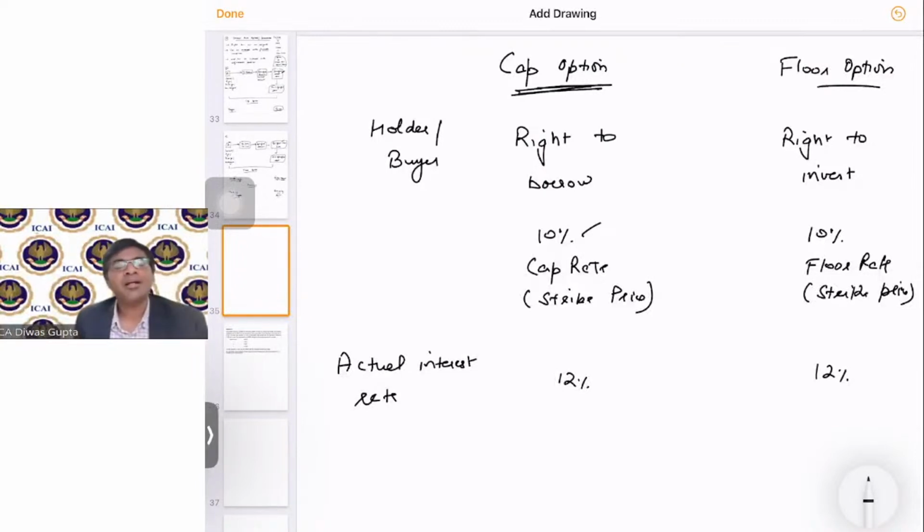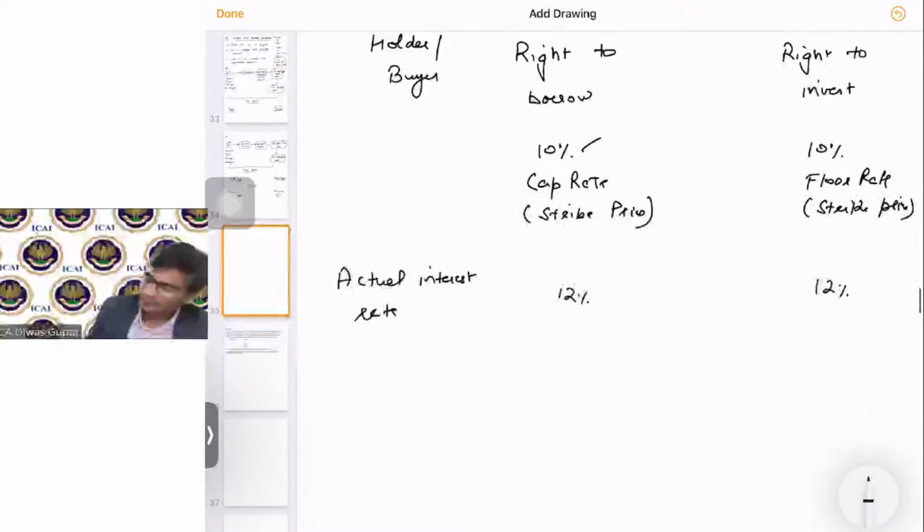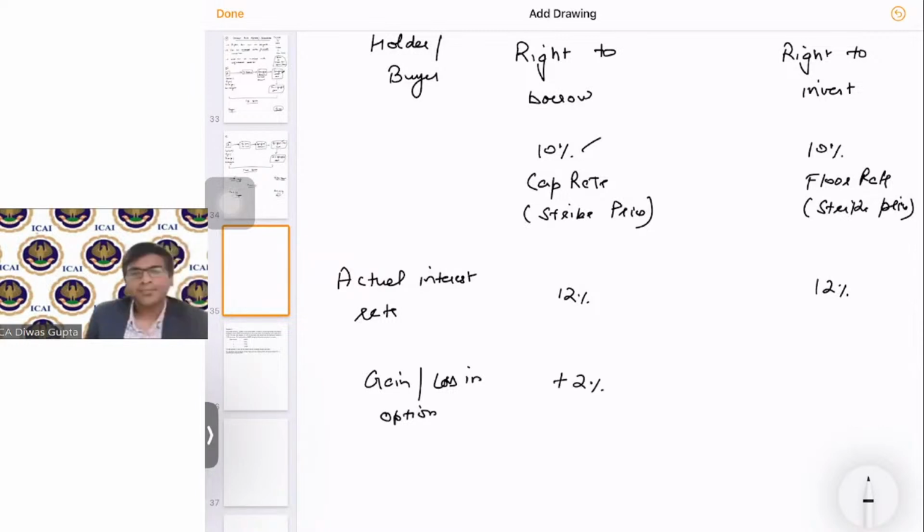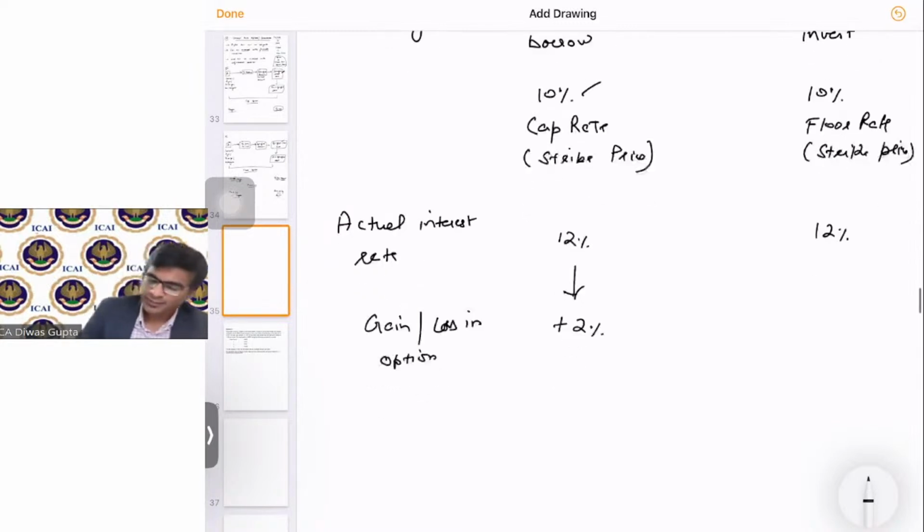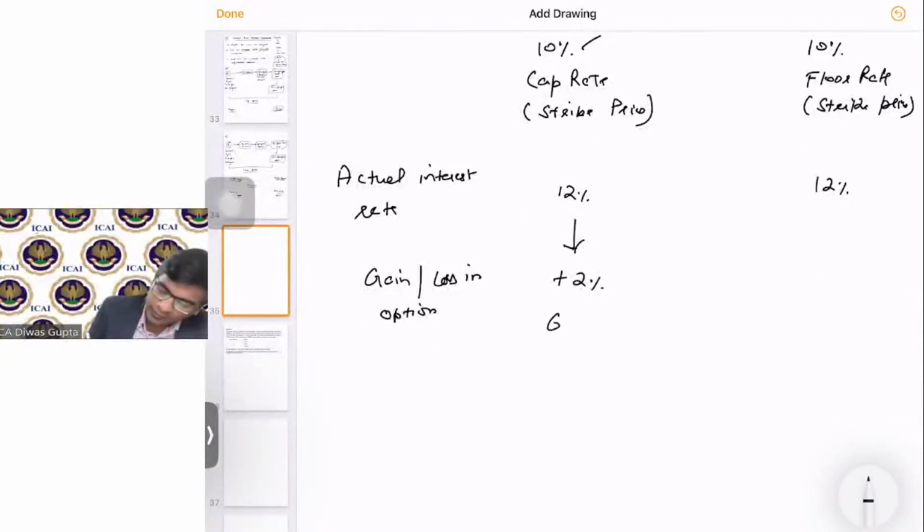So this is a favorable condition for me and I will exercise this. So the gain or loss in the option here will be plus 2%. Correct? If the interest rate is 12%, it will lead to a gain of 2%. This is the gain.